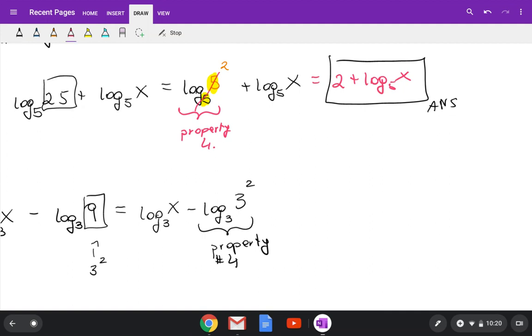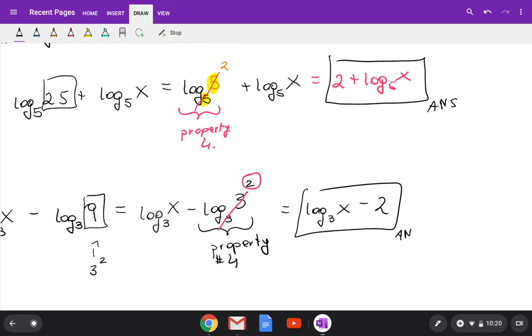Because the base of log is the same as the base of exponential expression, they will cancel each other and you will only end up here with 2. So our final answer will be log base 3 of x minus 2. That's it. That's the answer.